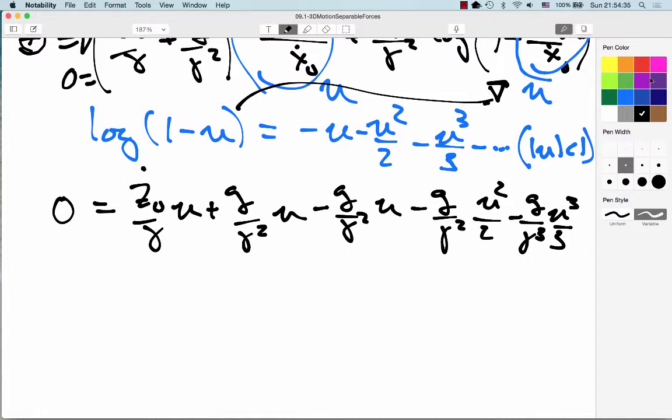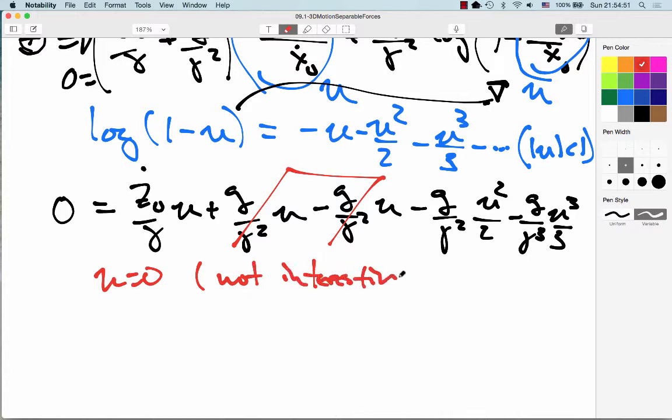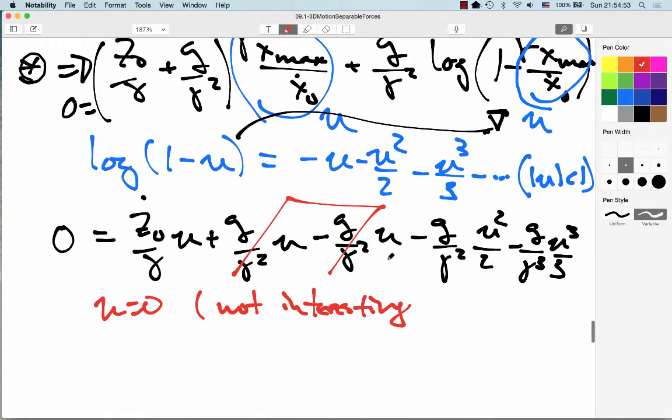One thing we get here is that the terms linear in u go away. One solution we have is u equals 0, but that's not interesting, for the same reason as before. That corresponds to x max of 0, so that really is just matching the launch point.